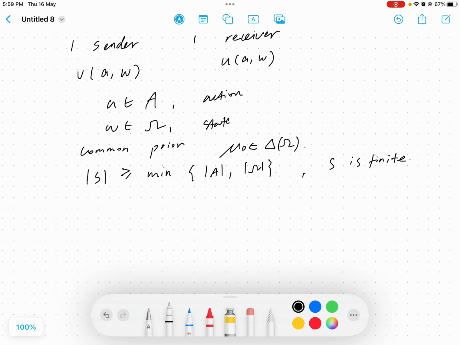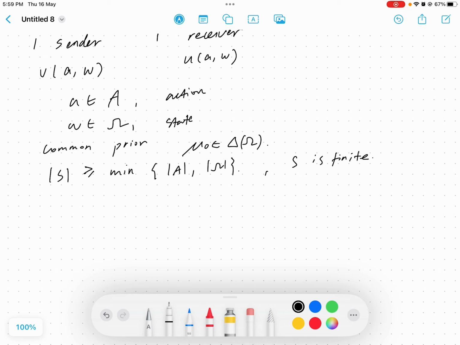So what's the key object here? In this model, we wish to find this signal, and we'll shortly define that.